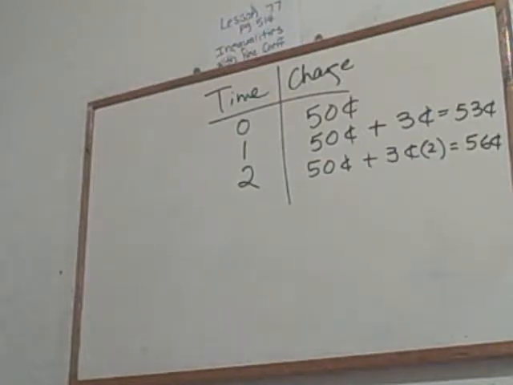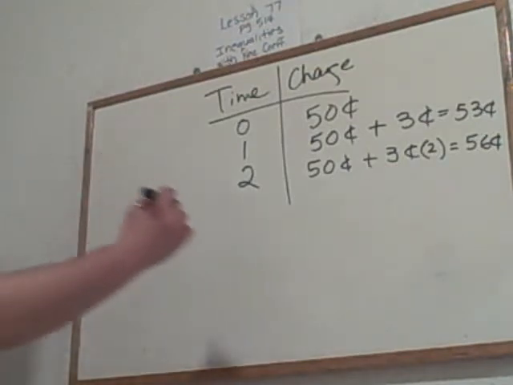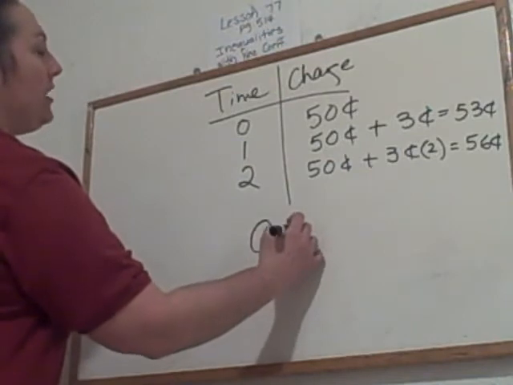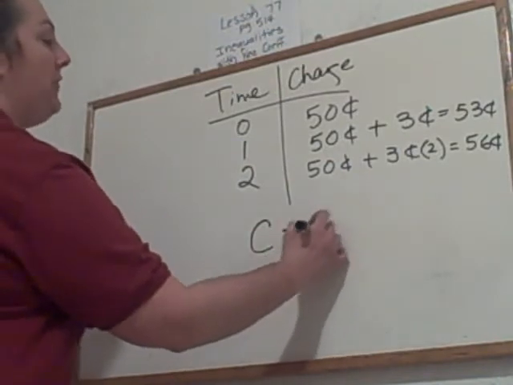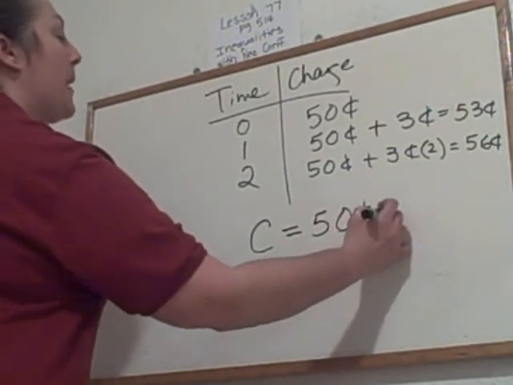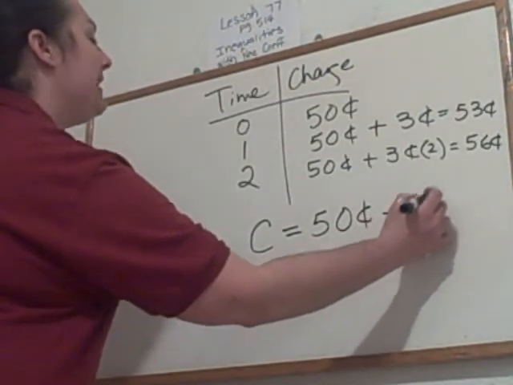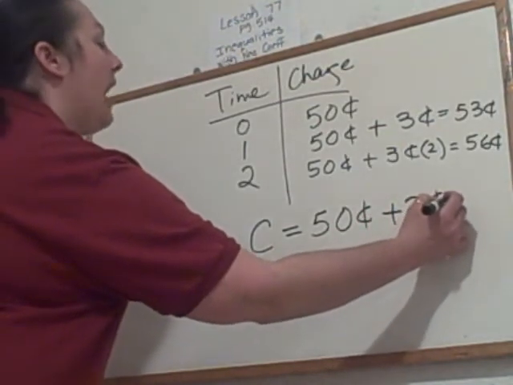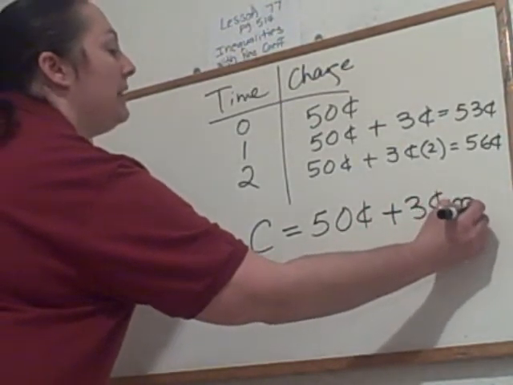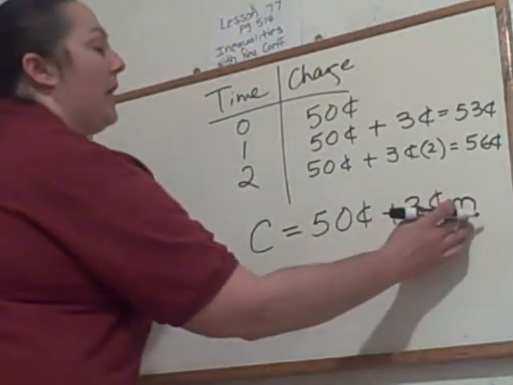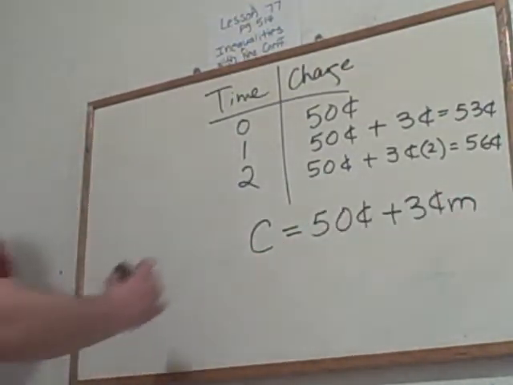The function that we would write would be the cost is equal to that 50 cents plus 3 cents times the number of minutes. So we would use the variable m to represent the number of minutes.